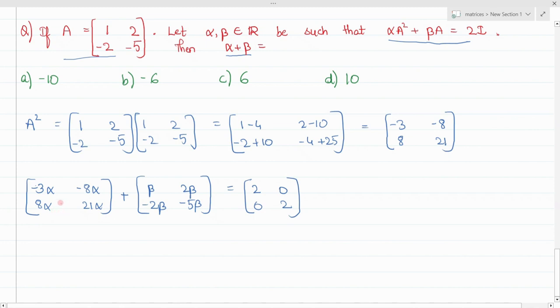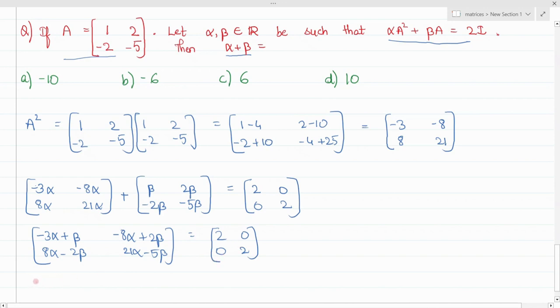Now just add and equate it. It becomes minus 3 alpha plus beta. Just add the corresponding elements. 8 alpha minus 2 beta, 21 alpha minus 5 beta. Equate it with [2, 0; 0, 2].